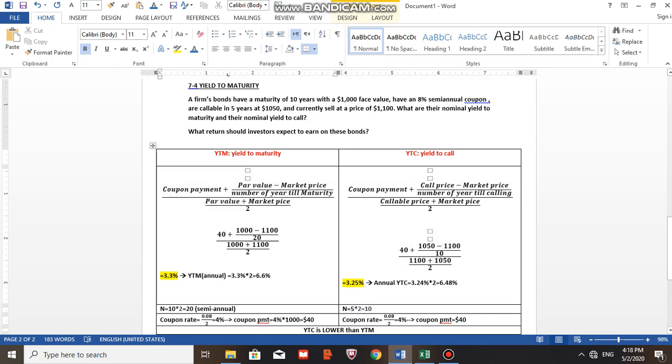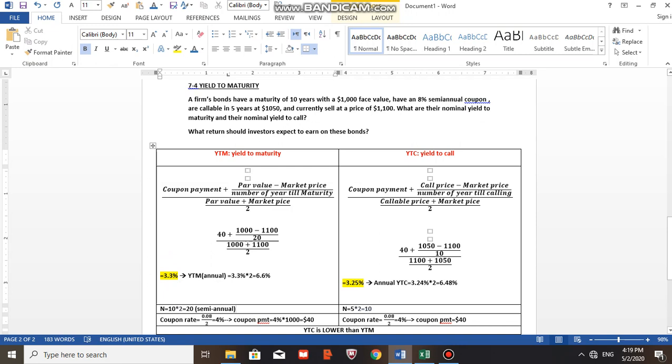And then we continue by applying this part of the formula. So for the YTM, we get a YTM of 3.3%. And for the YTC, we get 3.25%. Now, because all the components of the formula were used by applying the semi-annual payments, this yield is a semi-annual yield.